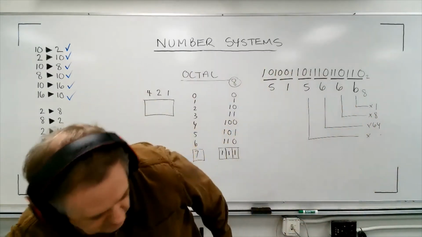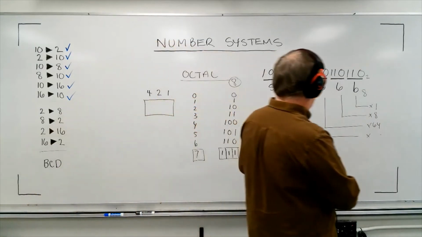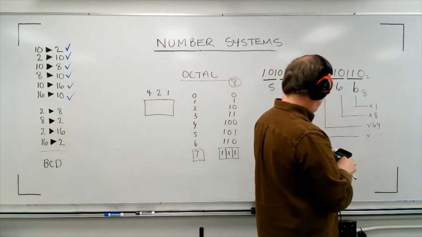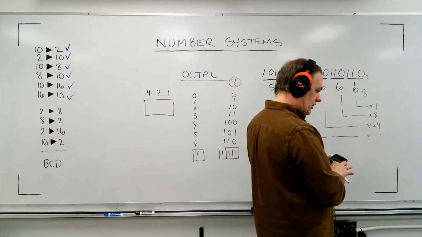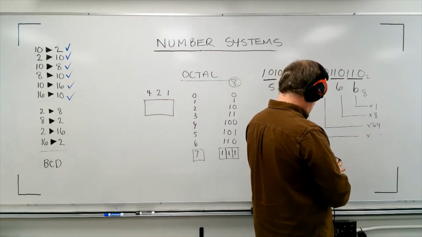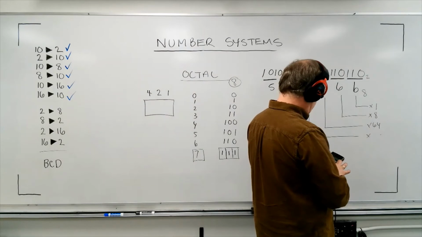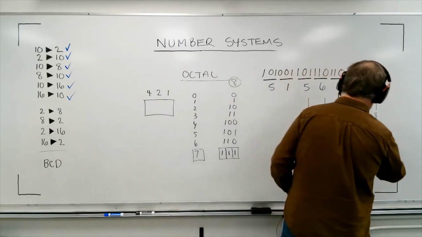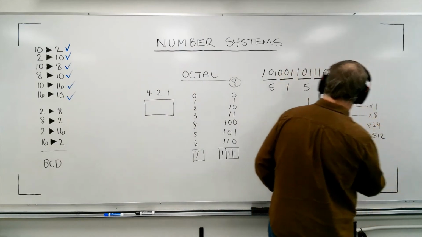Just to double check, I don't want to steer you wrong. So we've got 64, 64 times 8 is 512, yes, 512. So there's times 512.